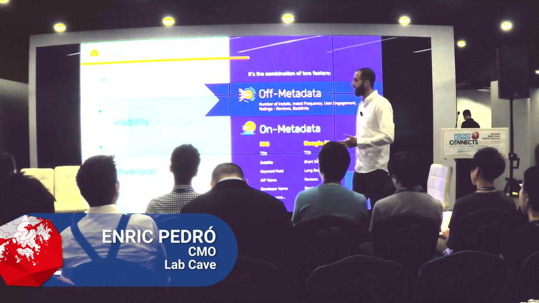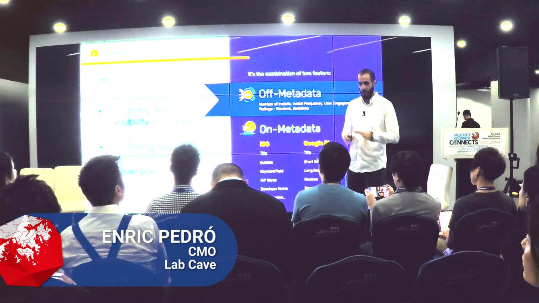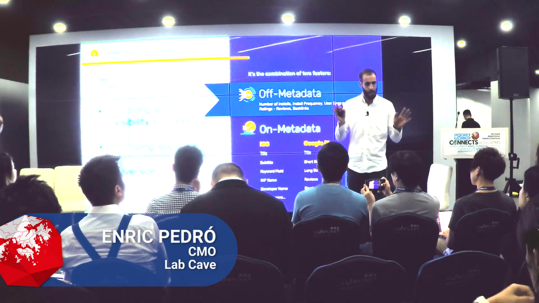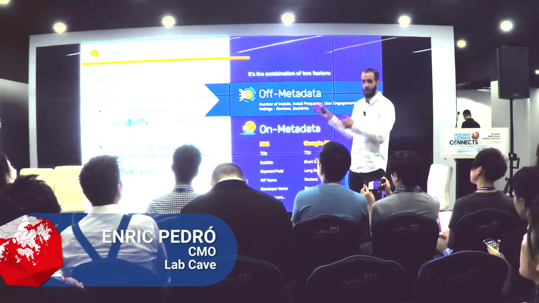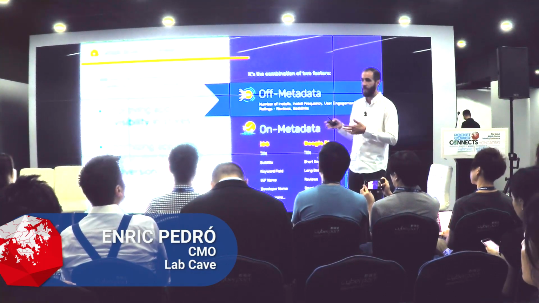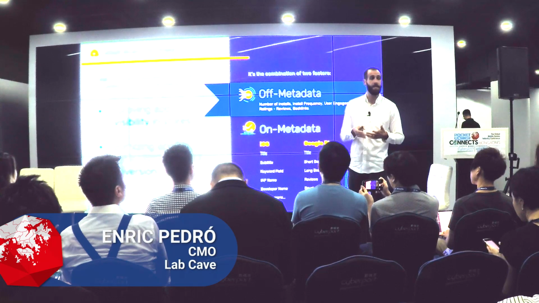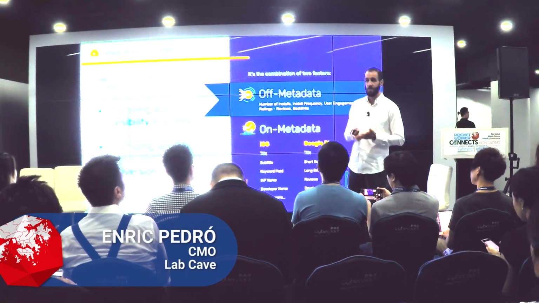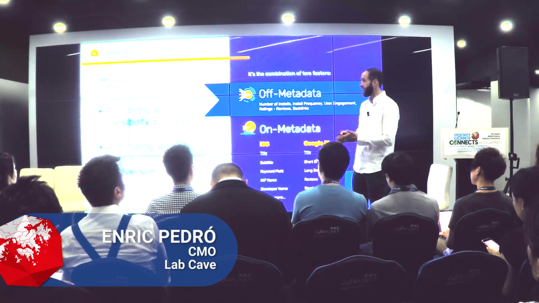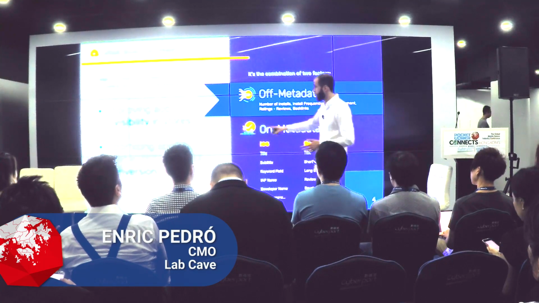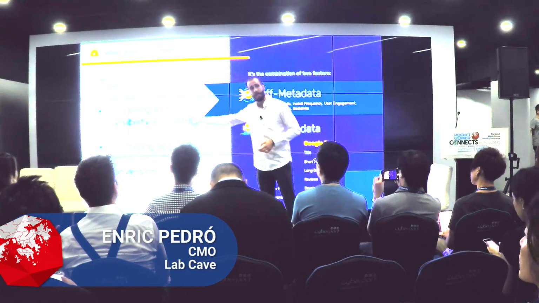Now, before I move on, I'm going to make sure we're all on the same page because not many of you raised your hands. ASO, as we understand it at Lab Cave, is about improving as much as you can the number of organic installs that your game has. This is thanks to two different things. The first one is improving the visibility in the App Store.